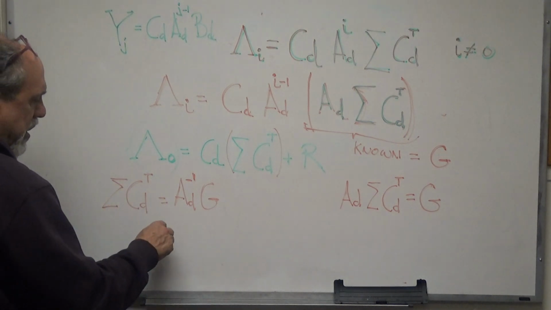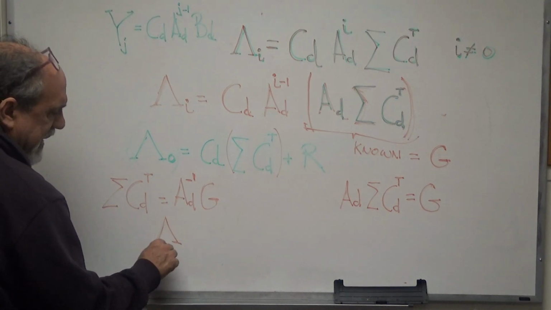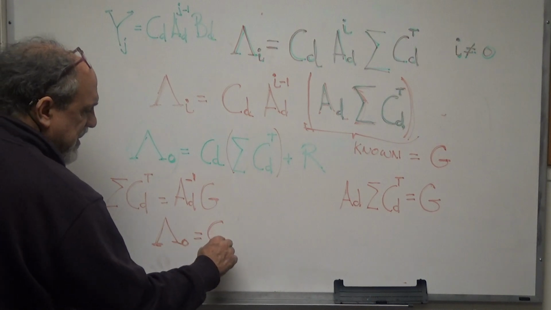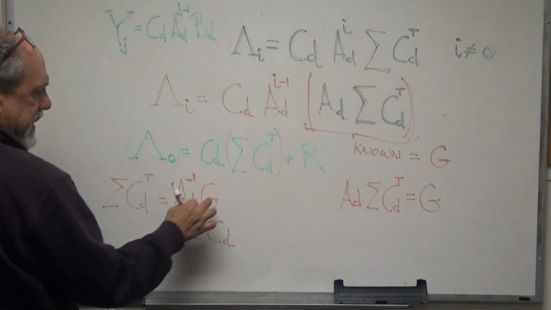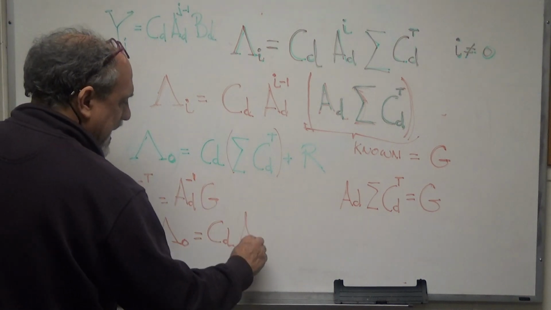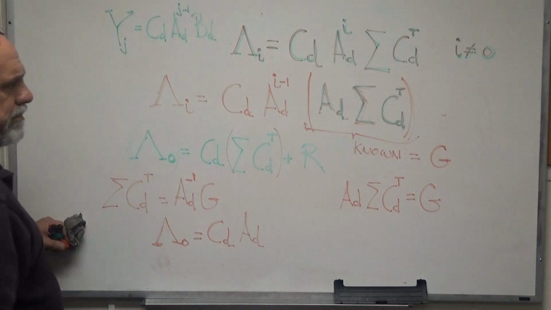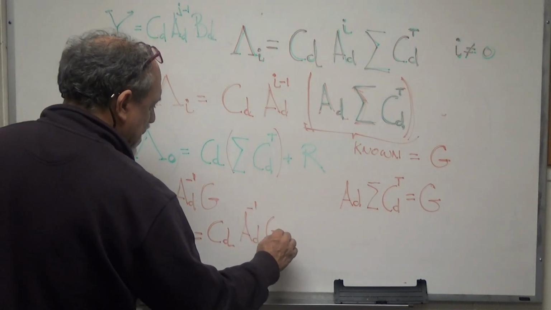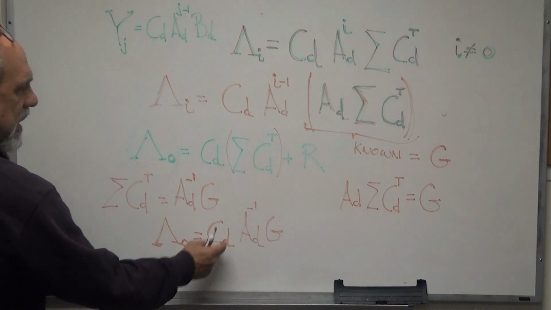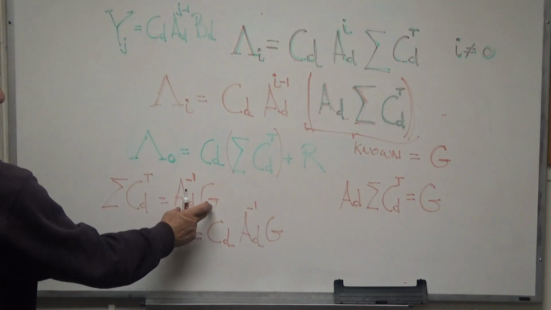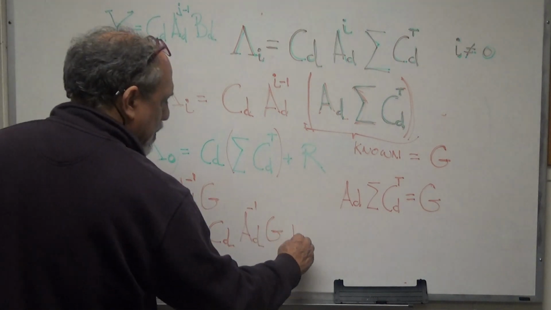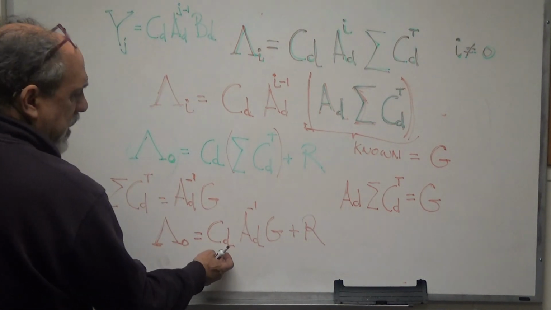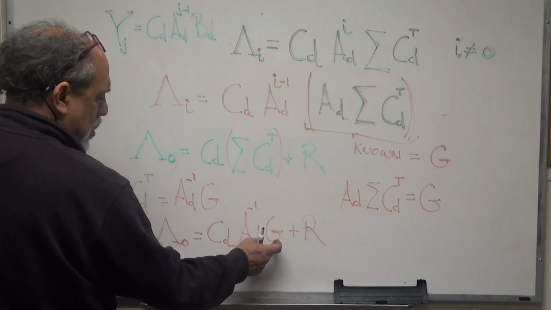And therefore you can write that the output covariance at 0 is equal to CD multiplied times this, which is AD to the minus 1 times G, plus R. Now, CD is known, AD to the minus 1 is known, and G is known.